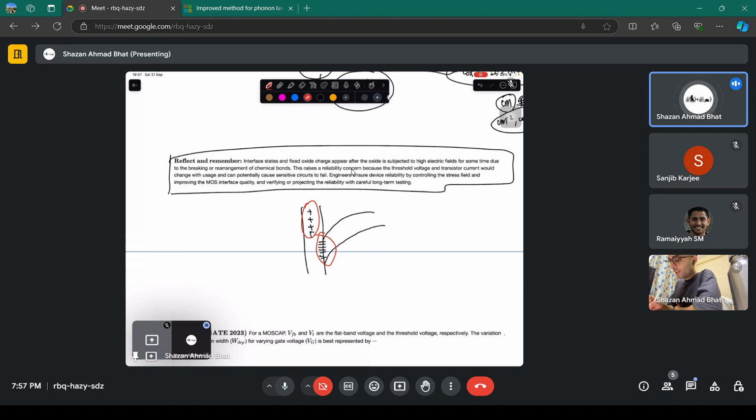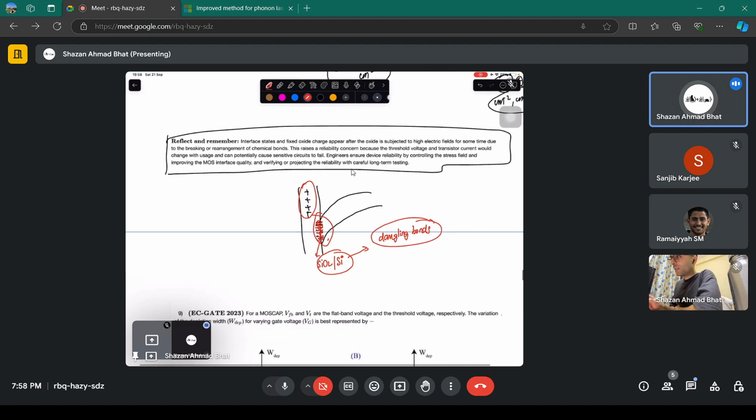All these charges which are present at the interface, because this is the silicon dioxide silicon interface, there are something called dangling bonds here. These are unsatisfied bonds. Let's say this is silicon, this is silicon, this is the semiconductor side, P-type.